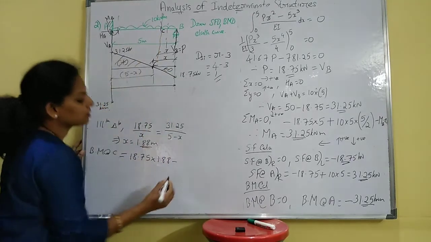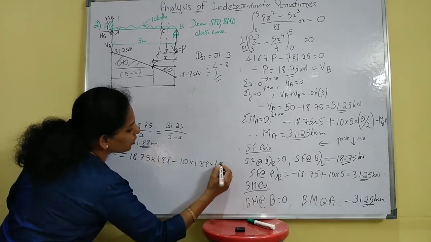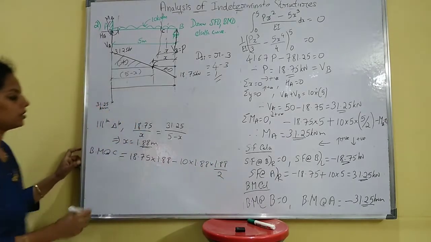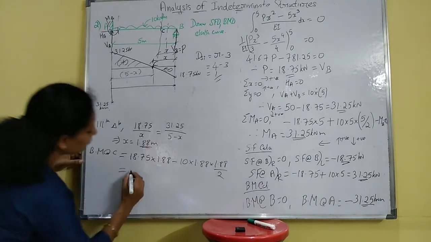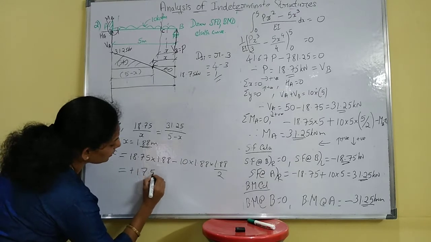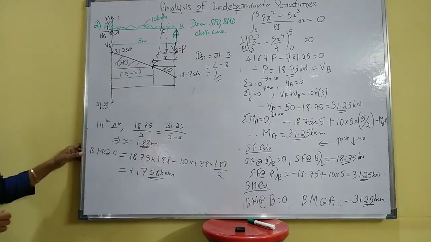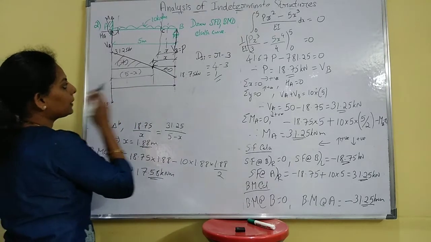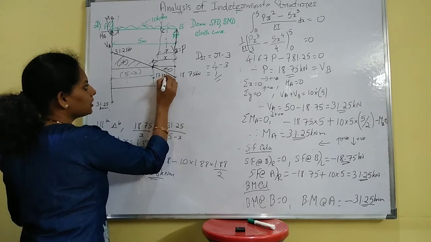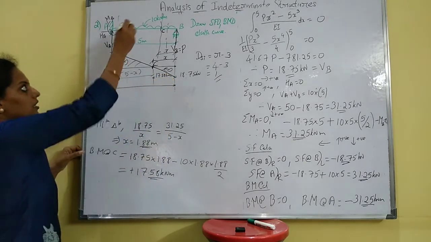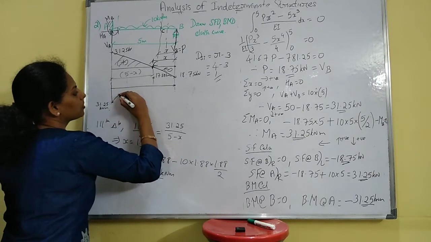Then minus, you have 10 into 1.88 into 1.88 by 2. Just calculate and get the value. You will have plus value, plus 17.58 kilonewton meter. So now mark this. How much is it? Plus 17.58 kilonewton meter.